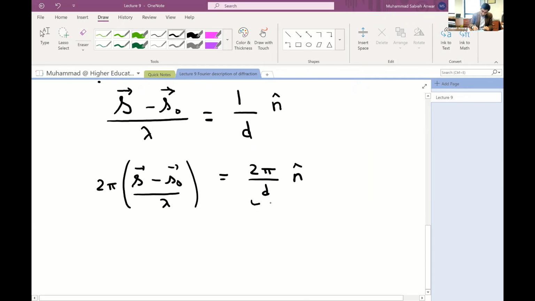Now, what is the vector on the right hand side equal to? What is 2 pi over d and normal to the plane? What kind of vector is this?